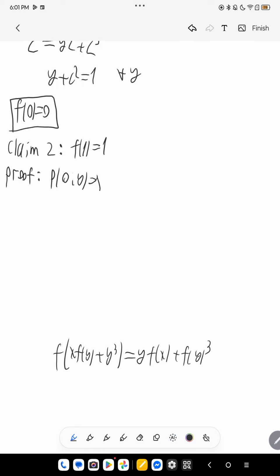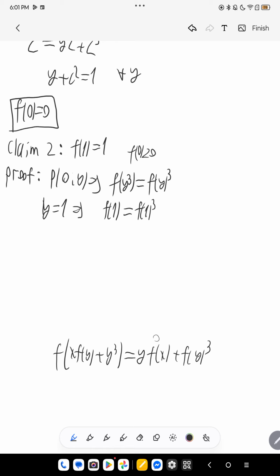We know that f(0) equals 0, so f(y cubed) equals f(y) cubed. So let y equal 1, and we get f(1) equals f(1) cubed. So f(1) is 1, 0 or minus 1.